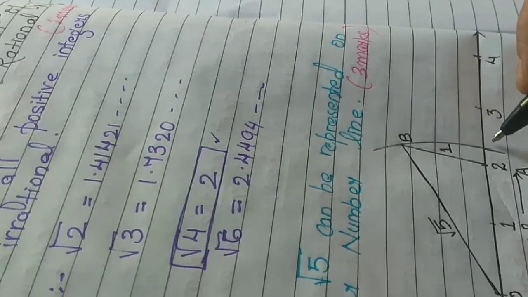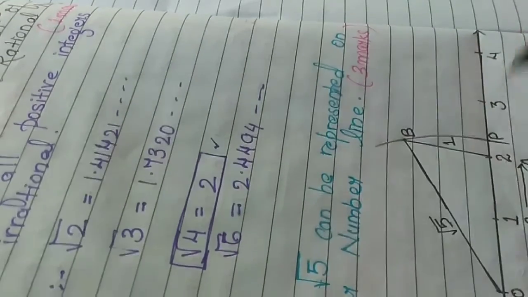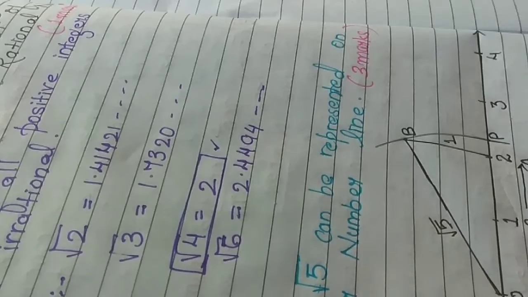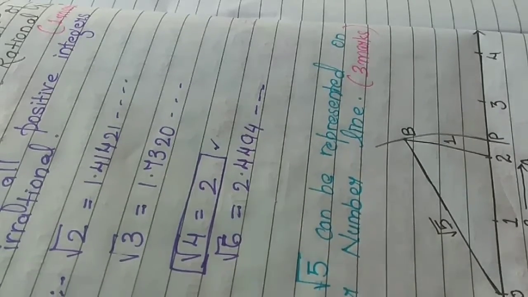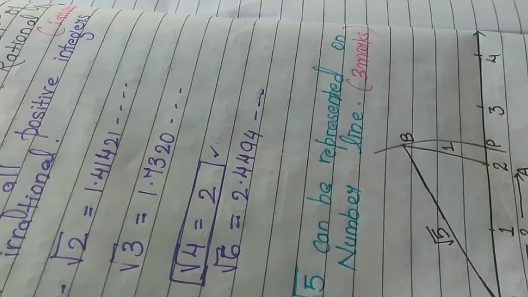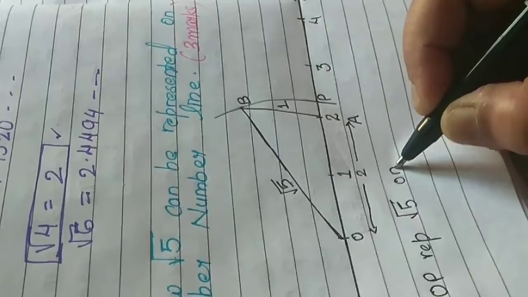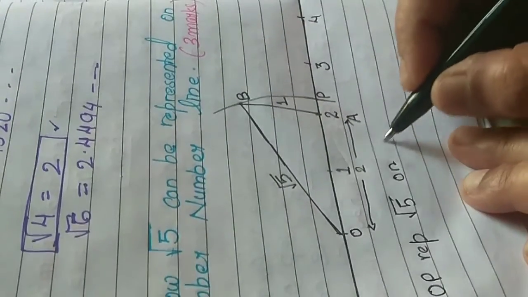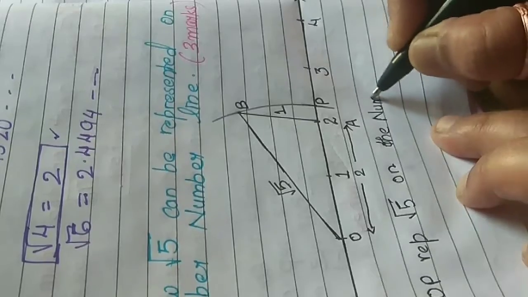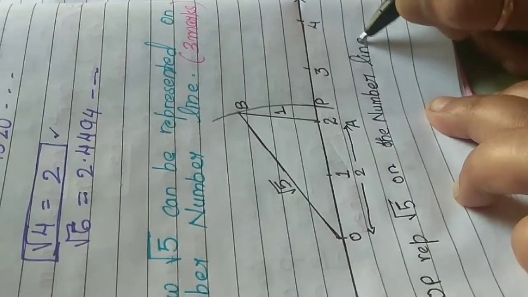So you can write here P at this point, and we can write OP represents root 5 on the number line.